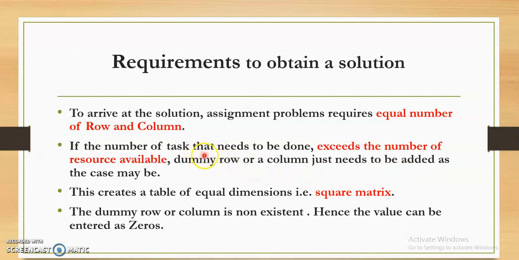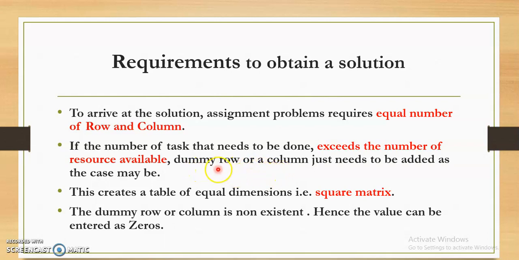This is a case of an unbalanced assignment problem. If the number of rows is more than the number of columns, or the number of columns is more than the number of rows, it is an unbalanced assignment problem. In that case, we have to add to whichever is less in number.